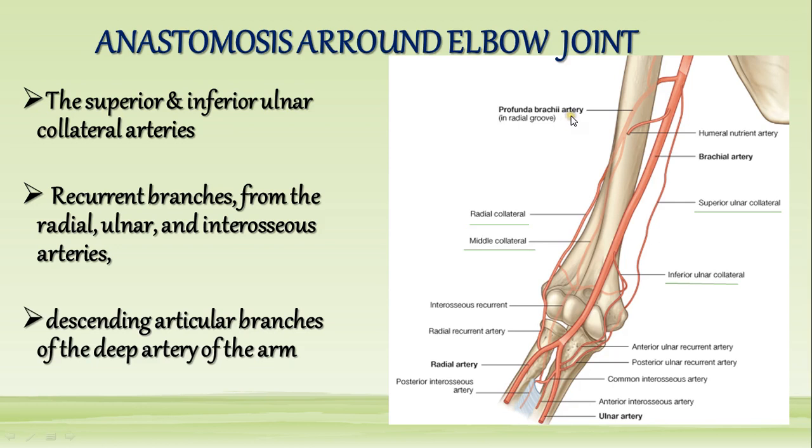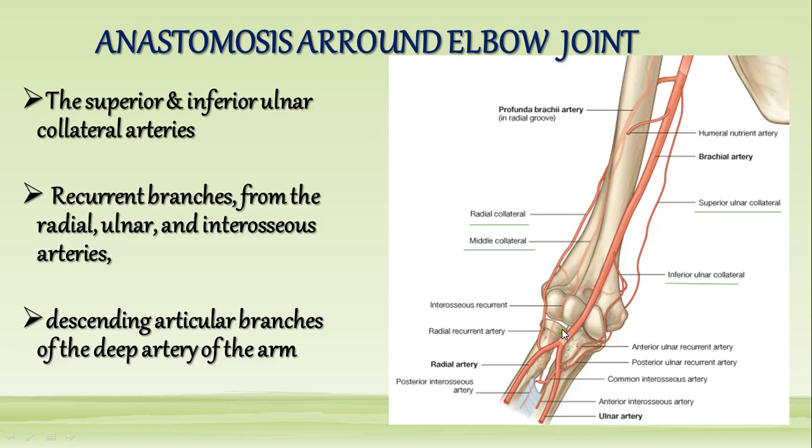From the profunda brachii artery, the articular branches run downward, called the radial collateral and middle collateral arteries. They run downward to form the anastomosis near the elbow joint.